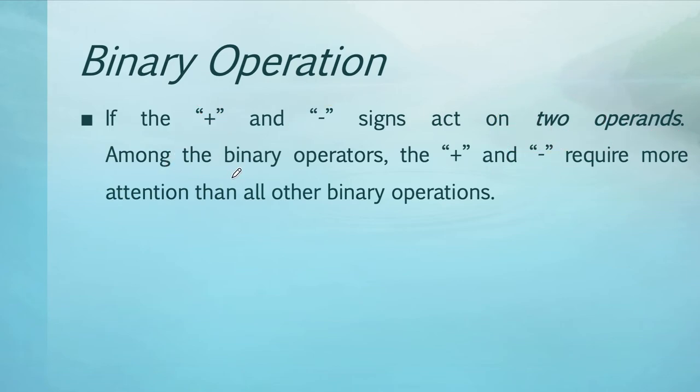Among the binary operators, the plus and the minus require more attention than any other binary operations. Why is that? Because we also consider these signs in the unary operations. Likewise, we could consider them in the binary operations, but they have different meanings.